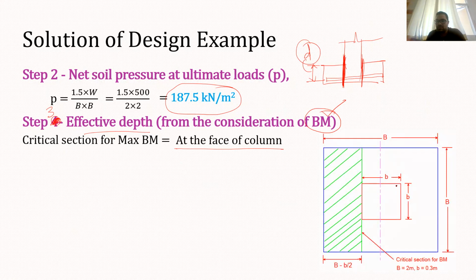This is our column plan and this is our footing plan, and the critical section for the bending moment will pass along any face of the column. If we consider this face, then the critical section will pass through this face like this, which means this critical section divides the footing into two parts, one on the left hand side and the second on the right hand side.